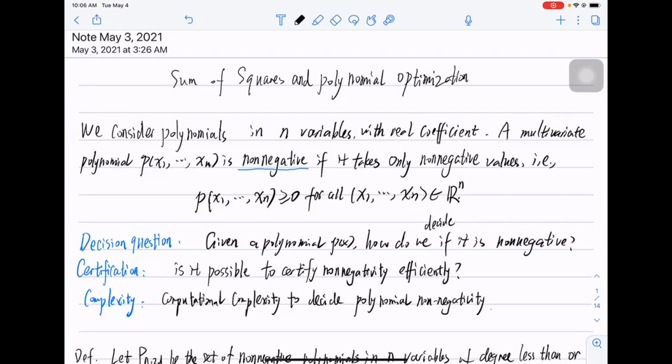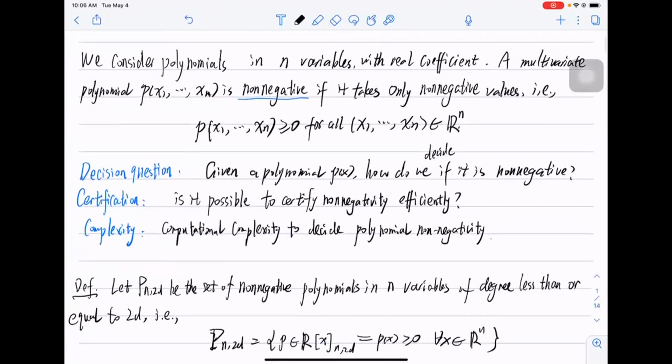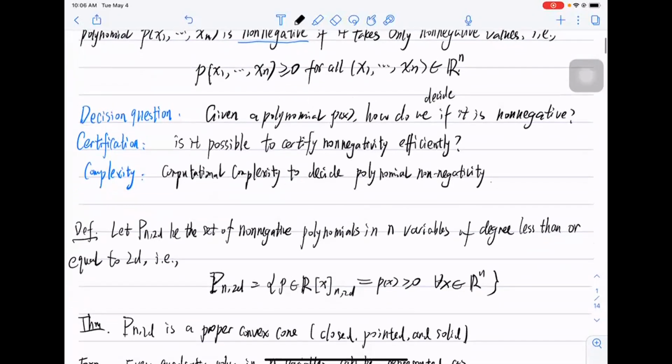The second is the certification problem: is it possible to certify non-negativity efficiently? It means if a polynomial is non-negative, you want to convince someone else that it is indeed non-negative. And the third is the computational complexity of deciding polynomial non-negativity. These are the three types of questions we want to study.